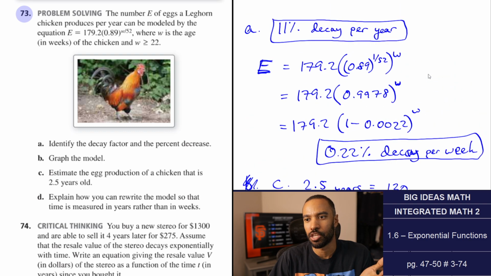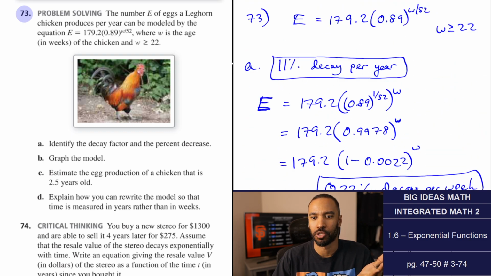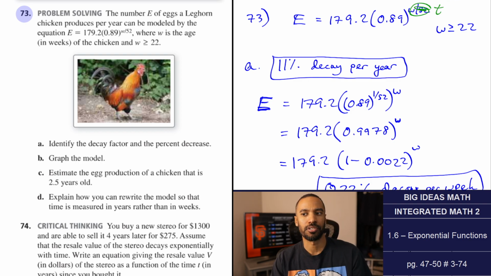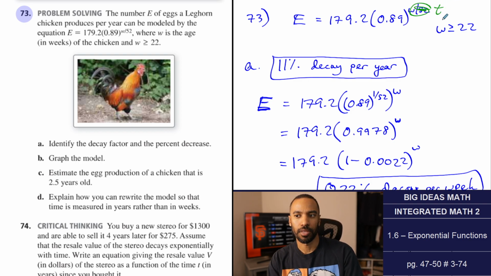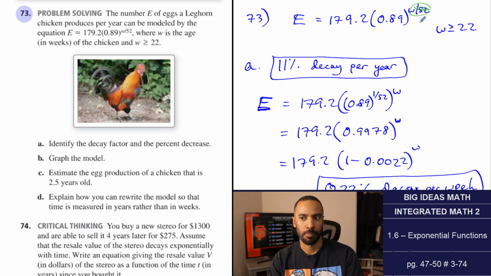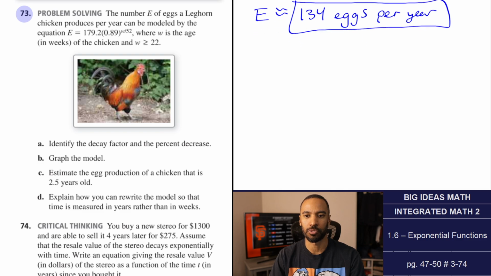The only thing is that you just change the W over 52 to like a T, and you just say that, well, okay, now it's in years. The only thing you have to do also is be careful on the domain. Because this is a yearly amount when W is represented there. That's what the 52 is all about. There are 52 weeks in a year.